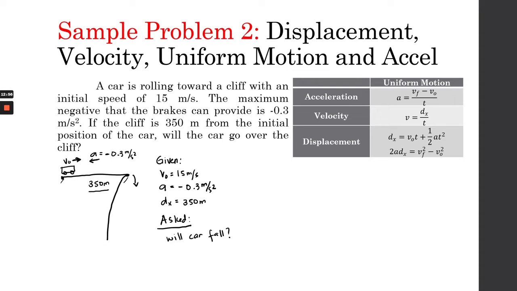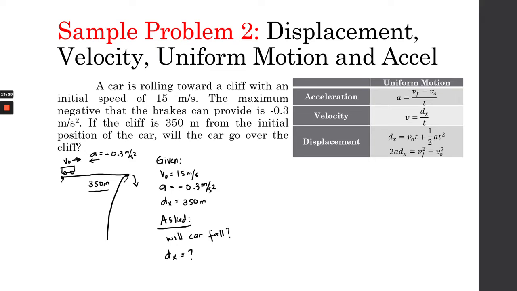So what they're basically asking us is actually the distance. In other words, as the car decelerates, how far does the car have to go from the initial position until it stops? So how can we solve this?